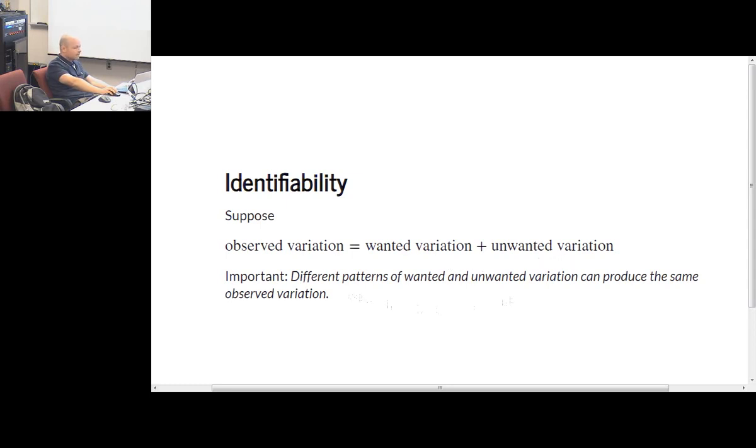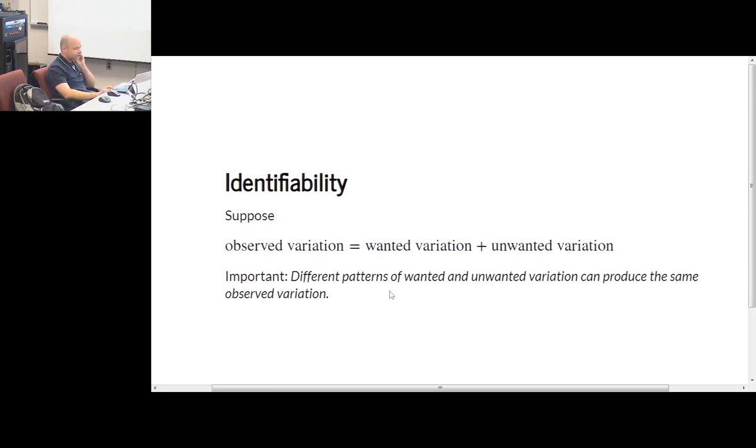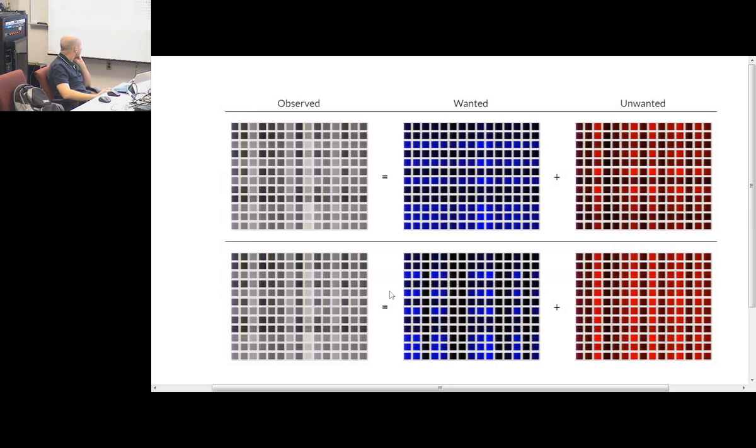And I'm going to make the point here on the next slide, not at all surprising, but I think still worth stating, that different patterns of wanted and unwanted variation can produce the same observed variation. So I have that in a picture here. Our observed variation is the sum of wanted variation and unwanted variation.